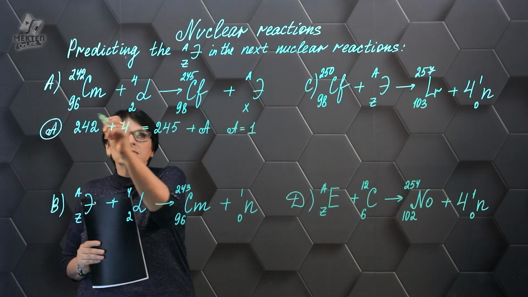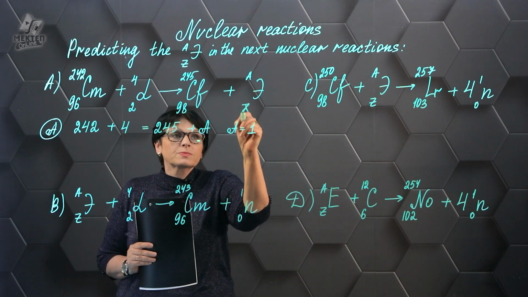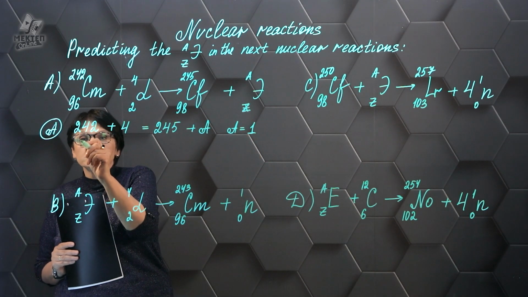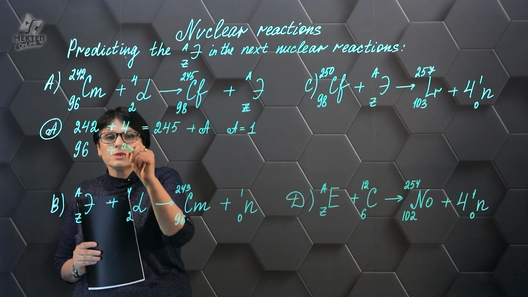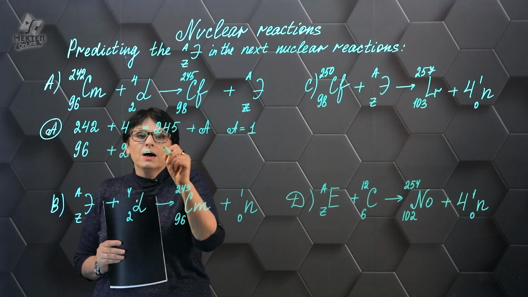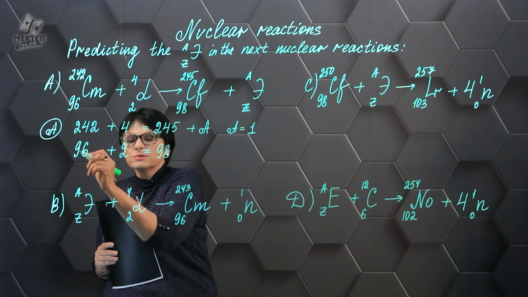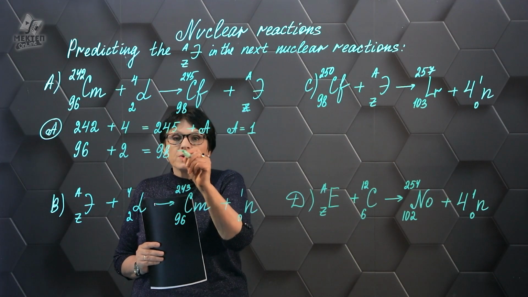Now we need to determine which element this is in terms of its unknown charge. So let's see how things work out here. We've got 96, we've got 2 here. And californium has 98. On the left-hand side, we have a sum of just 98, just like the right-hand side.